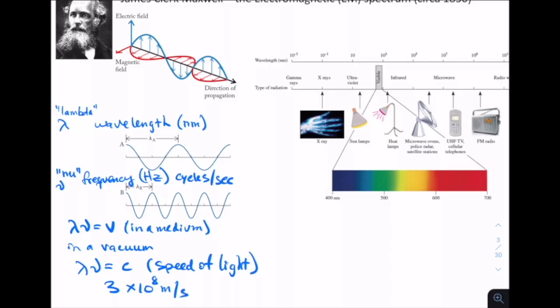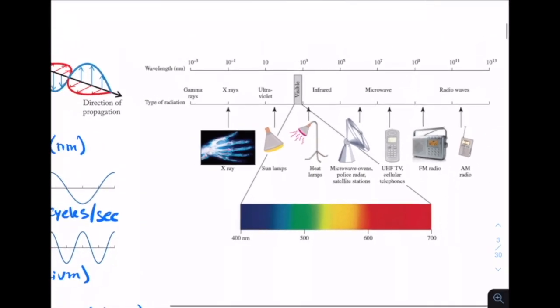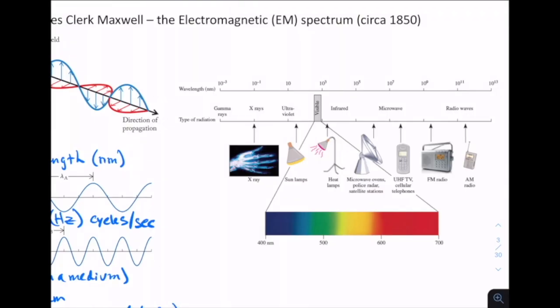Now, with this relationship, let's take a look at the entire electromagnetic spectrum. Whatever that electromagnetic radiation is, it has a measured wavelength and a measured frequency, but the product of those 2 will always equal the speed of light. So here's a figure from another textbook where we look at the whole range. On one end of the range we have very energetic gamma rays, and at the other end we have very, very low energy radio waves.